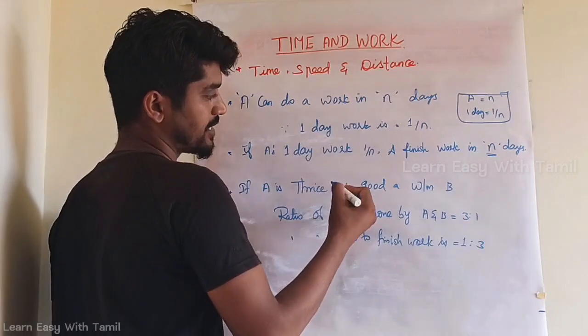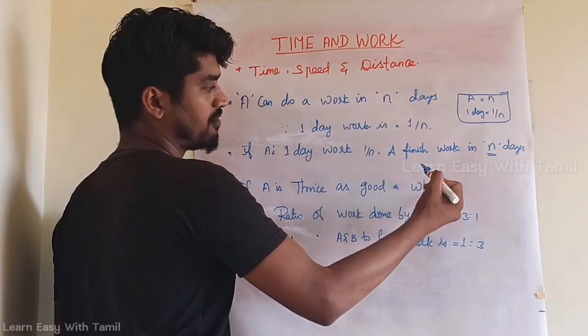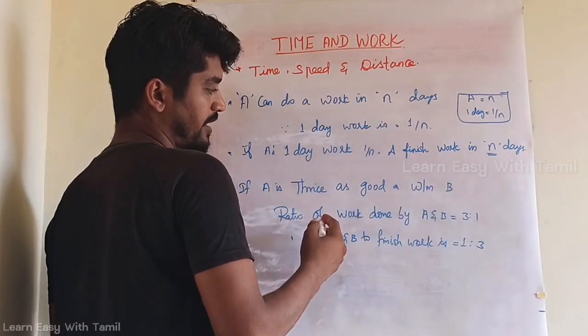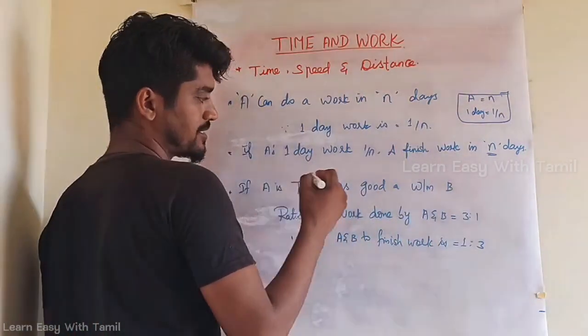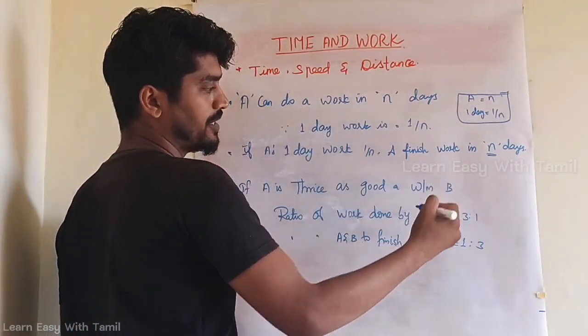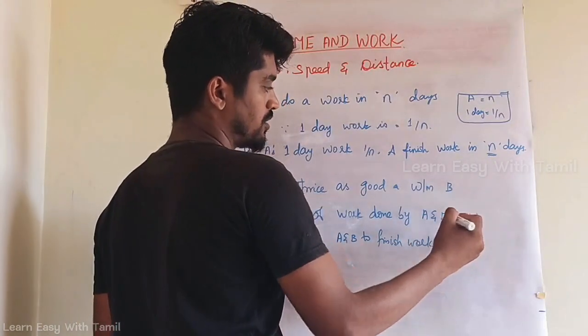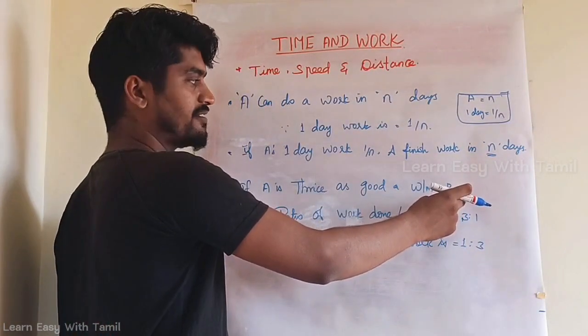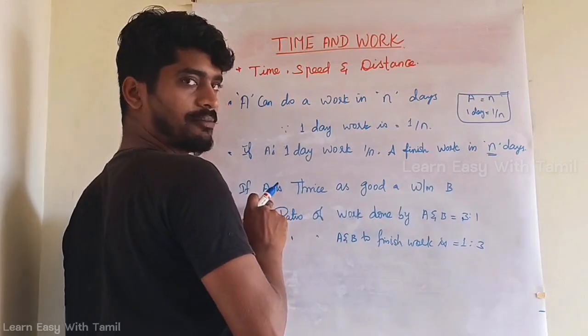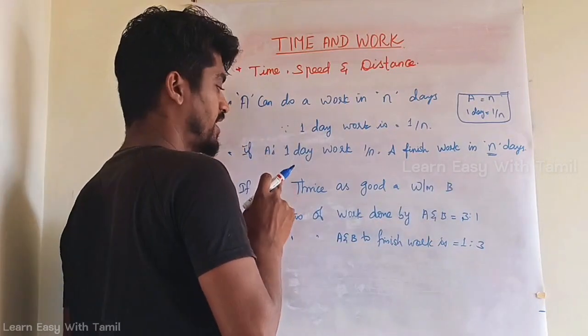If A is thrice as good a workman as B, then A is 3 times better than B. If B takes 3 days to complete a work, A can complete the work in 1 day.